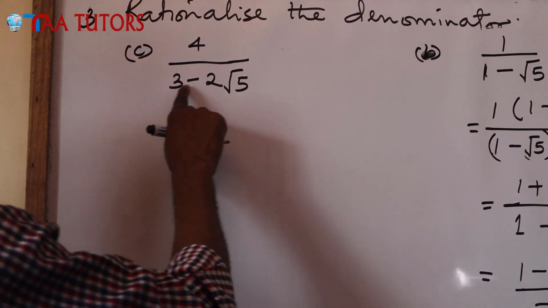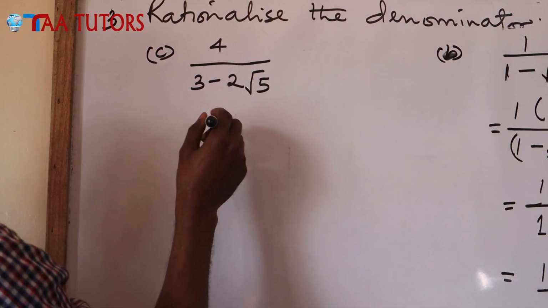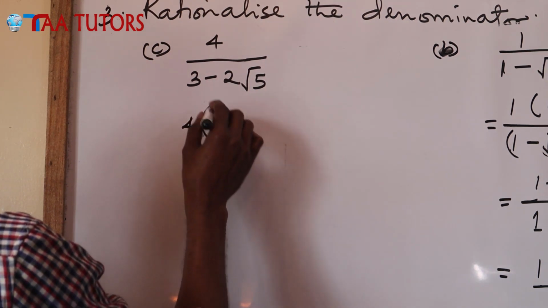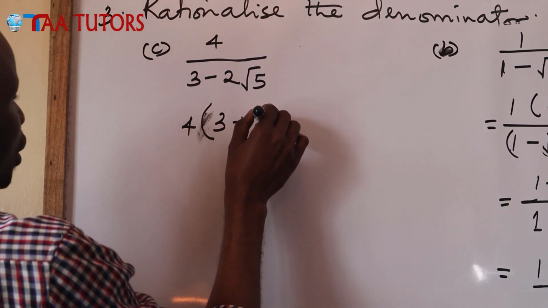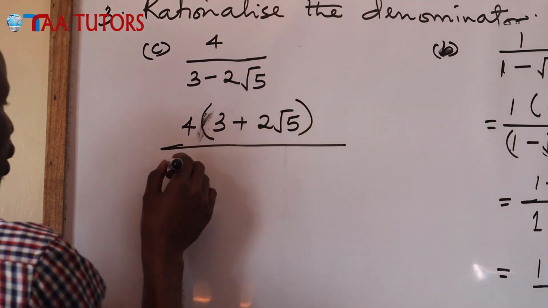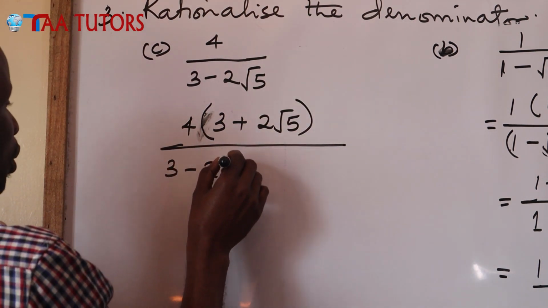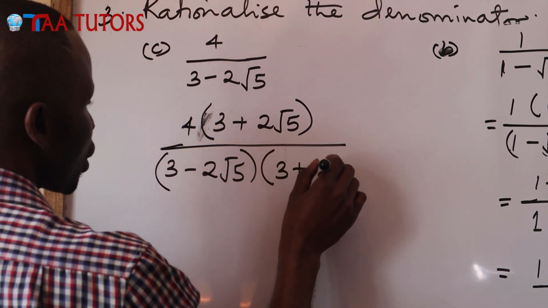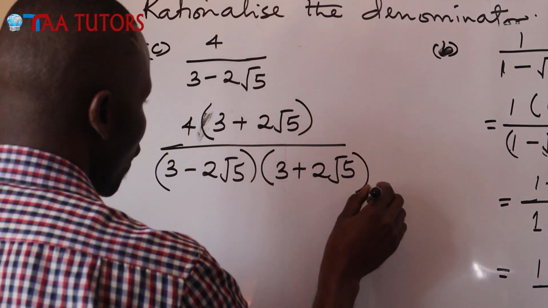The conjugate will be 3 plus 2 surd 5. So I'll say 4 into the conjugate, 3 plus 2 surd 5, divided by 3 minus 2 surd 5 times its conjugate, which is 3 plus 2 surd 5.